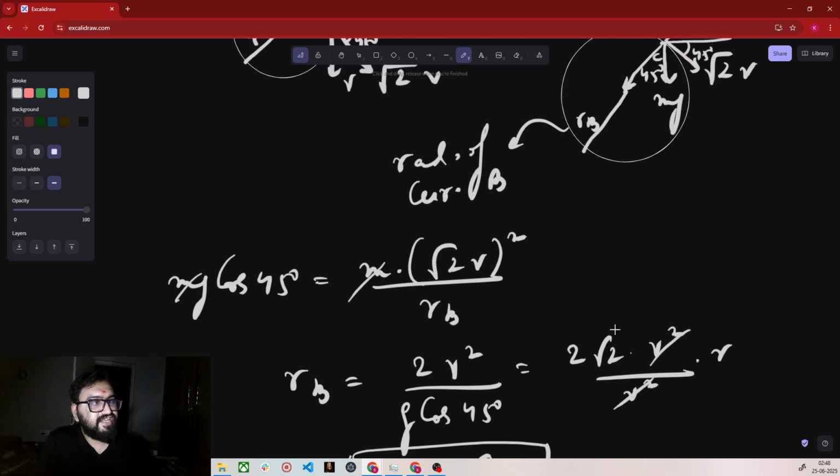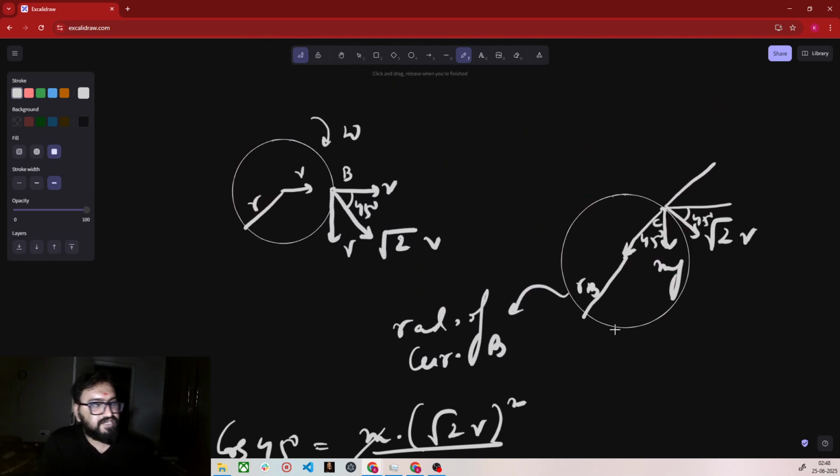But let me try and explain this particular diagram, right? Now this circle is drawn in such a way that at this particular point B, the velocity is tangential to the circle.